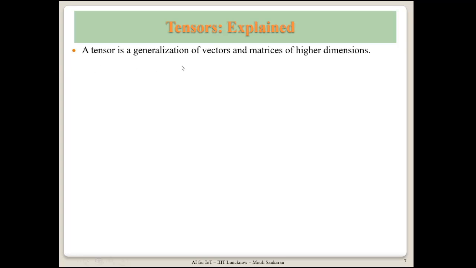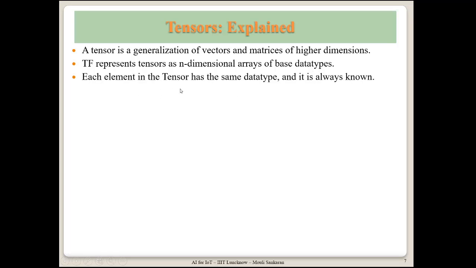A tensor is a generalization of vectors and matrices to higher dimensions. TensorFlow represents tensors as n-dimensional arrays of a base data type. It could be decided based on when you create it. Each element in the tensor has the same data type, as I mentioned, and it is always known.